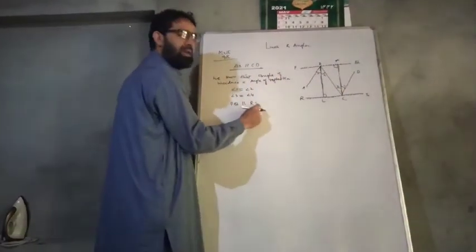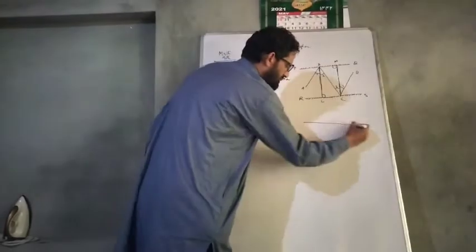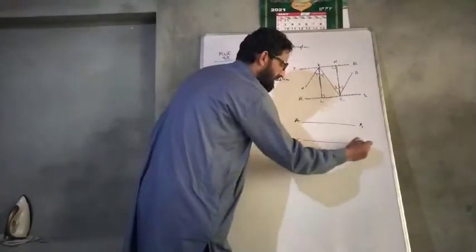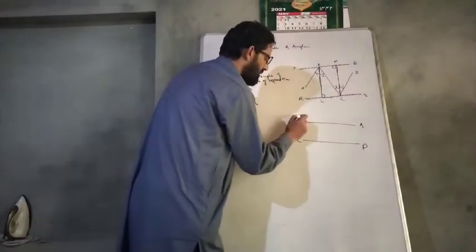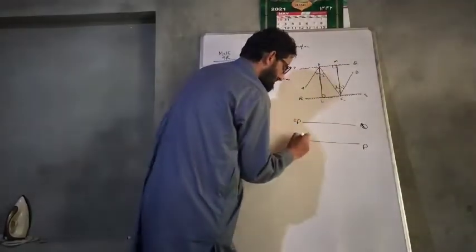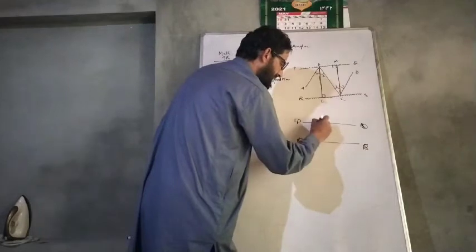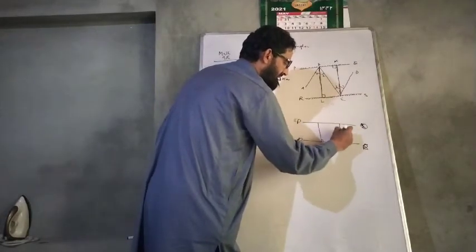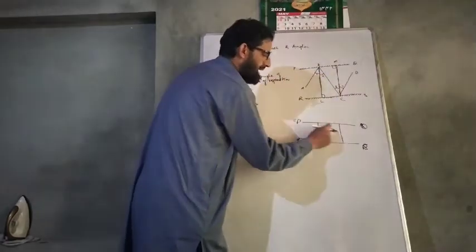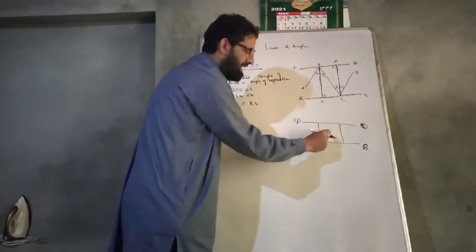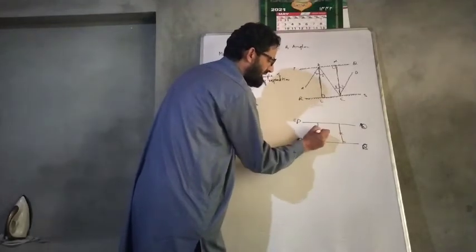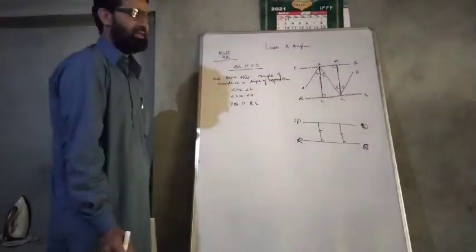So between two parallel lines, PQ is parallel to RS, and this is one normal or perpendicular, and this is another normal. Since these two lines are parallel, and this is a 90-degree angle, this is again 90 degrees, therefore these two lines are also parallel.